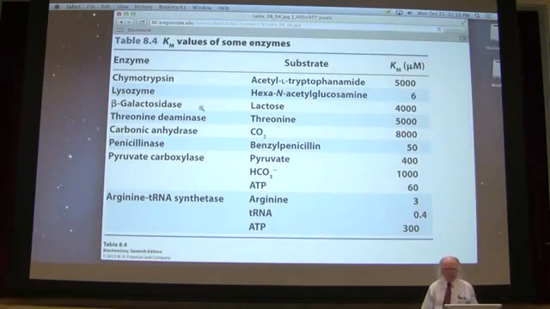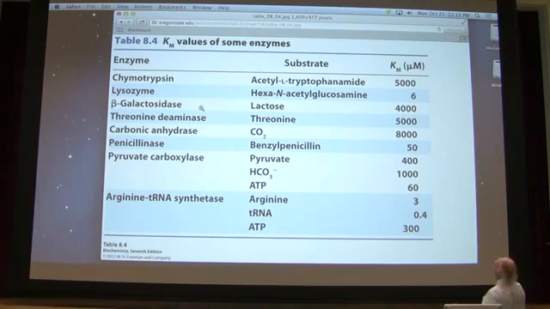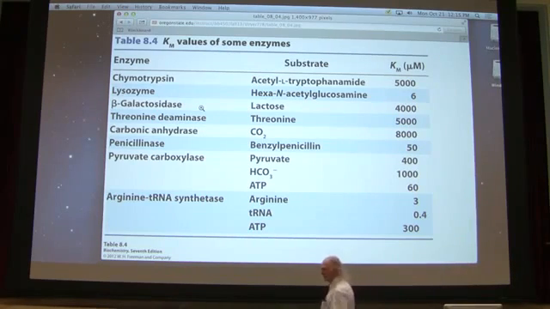So here are some Km values of some enzymes. And what we see is that enzymes can vary considerably in their Km values, meaning that these enzymes can have considerably different affinities for their substrates. This guy up here, chymotrypsin, has a Km value of 5,000 micromolar. That's a substrate concentration, 5,000 micromolar.